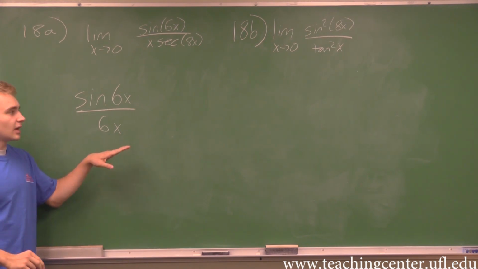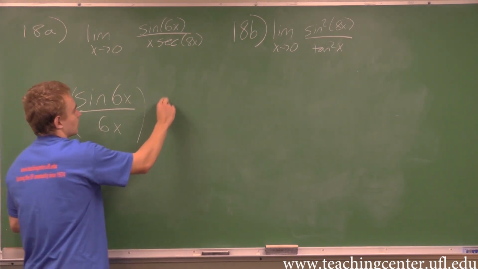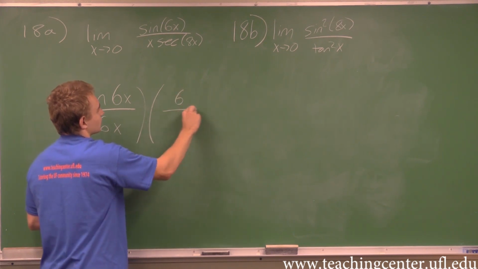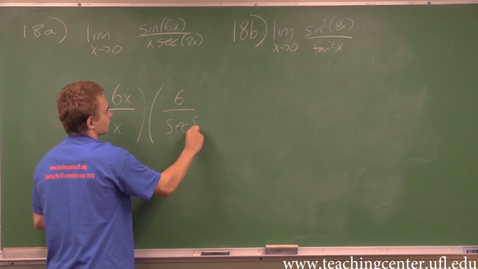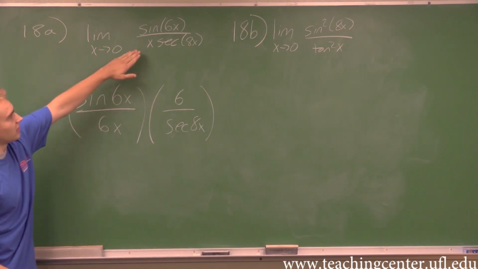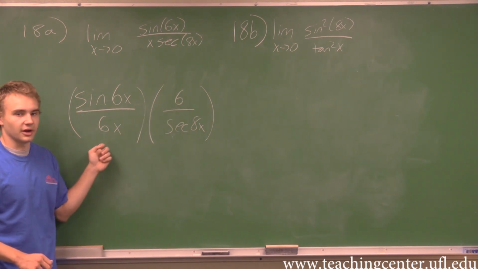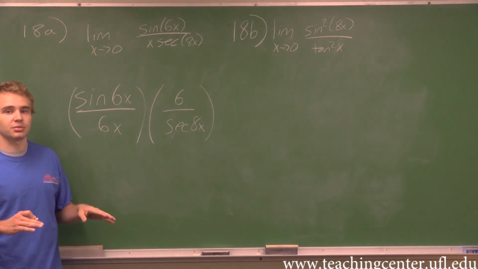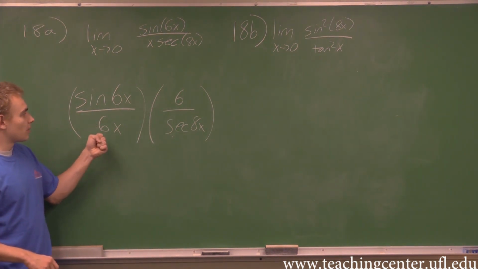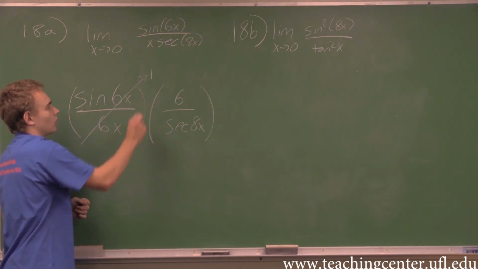I get it if I have this. Comparing this and this, they're the exact same thing. All I did was multiply by 6 over 6, by 1. So I haven't changed my limit. But by doing this, all of a sudden this goes to 1.